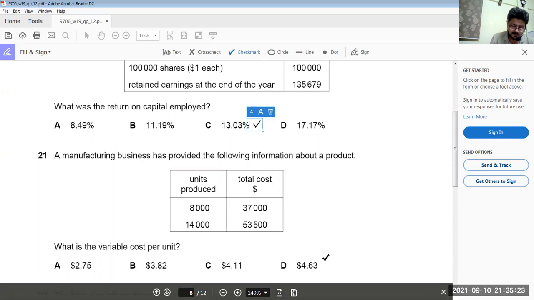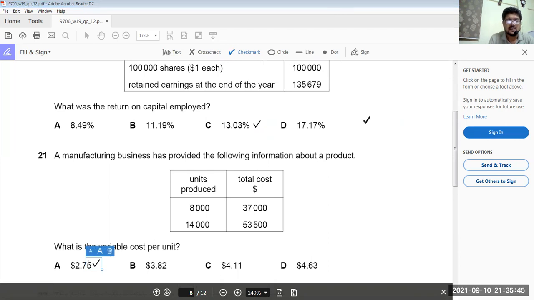It's very simple. 14,000 minus 8,000, the difference in units is 6,000. Now the difference in price, 53,500 minus 37,000, is 16,500, divided by 6,000. Answer is 2.75. Option A is the answer. Got it?